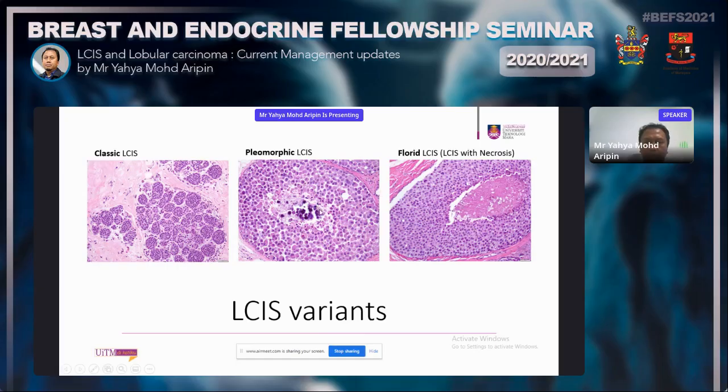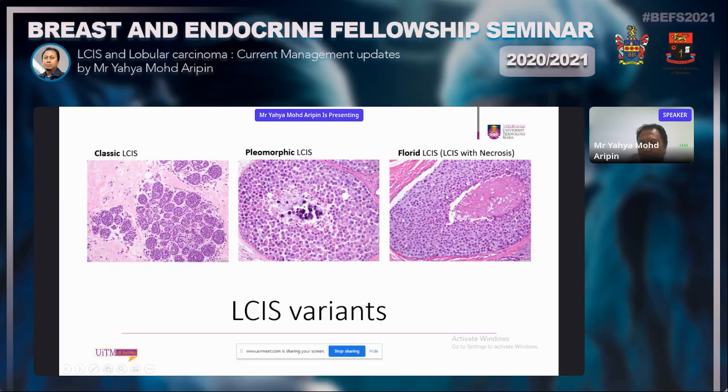You can see the photo in the middle here. You can see there are more cells and the cells look larger, and the nucleoli show some variations in the shape and the size. So you can see that there is pleomorphism in the nuclei of the cells. So these are pleomorphic LCIS.